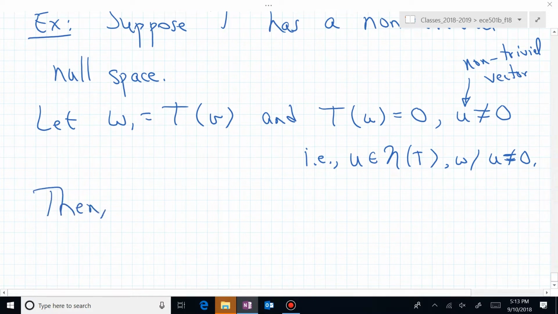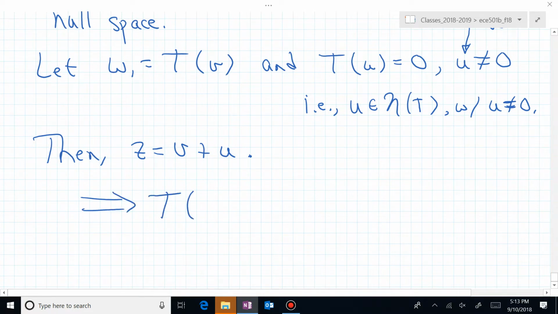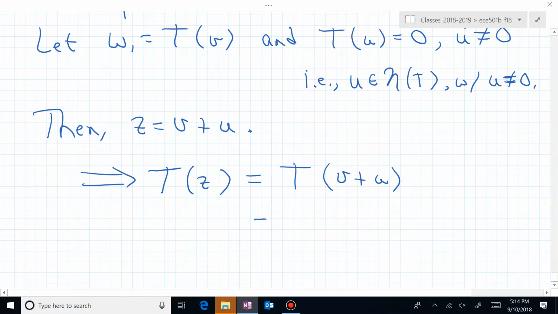What does that tell us? Well, now if we let Z, a new vector, be V plus U, we know that it's different from V, don't we? Because U is not equal to the zero vector or the additive identity. So Z is different from V, but what do we know about the codomain result of having Z mapped through T? Z is now a combination of V and U. So this is now T of V plus U. T is a linear map.